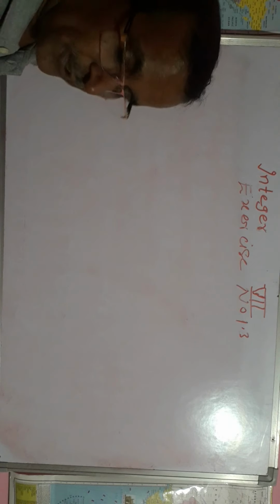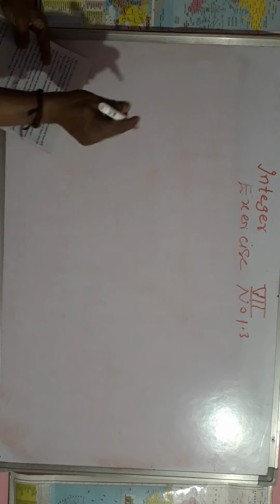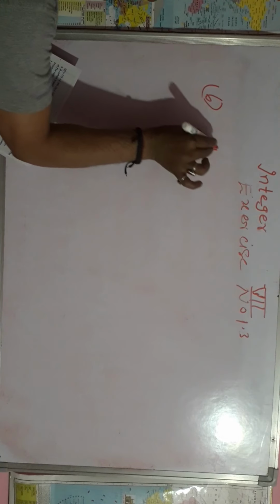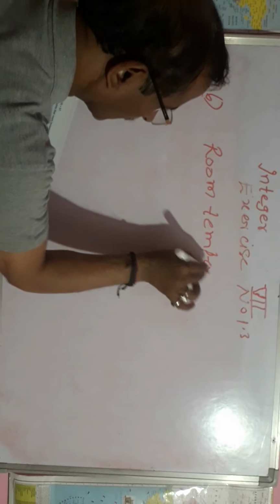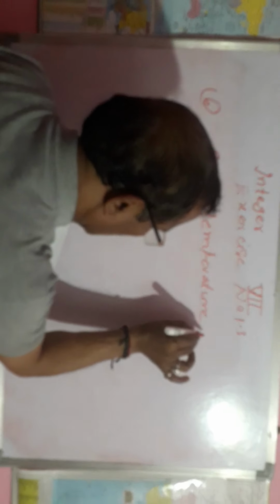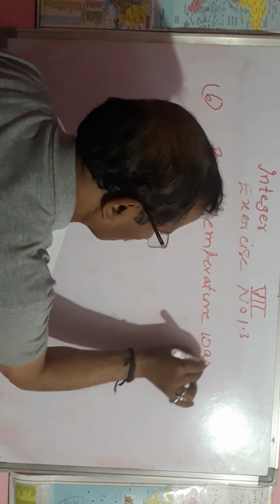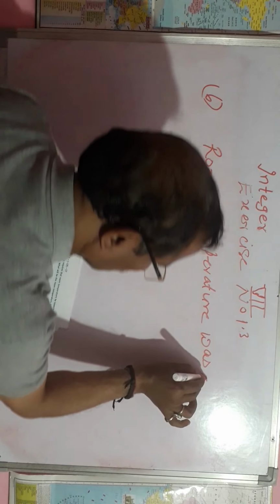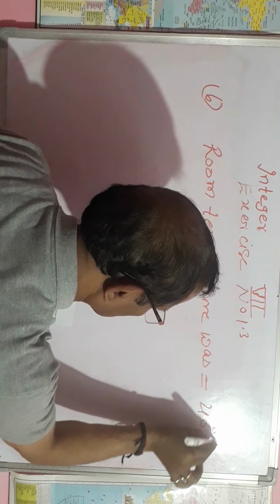A certain freezing process requires that room temperature be lowered from... what was the temperature at the start? The room temperature was equal to 40 degrees Celsius.